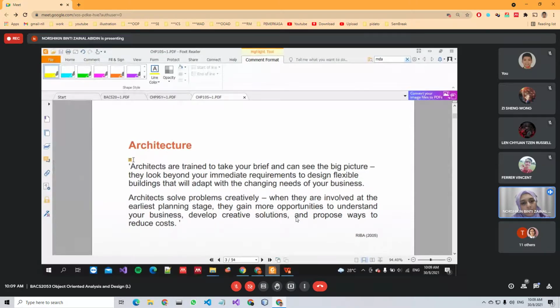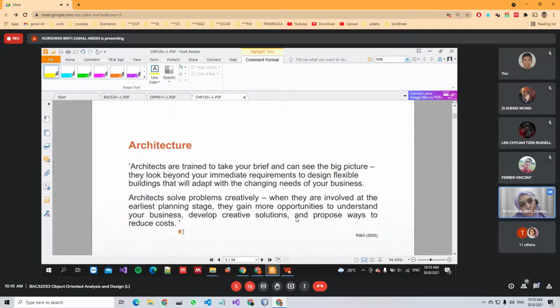Like I already explained last week, architecture is the conceptual model. Before we look at this slide, I give you the definition of architecture: architecture is actually the art and practice of designing and construction.